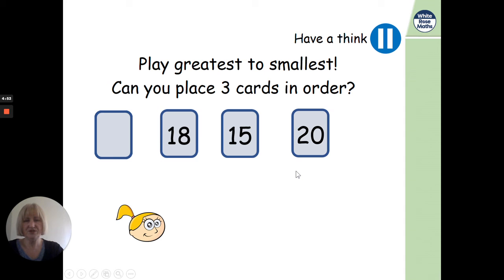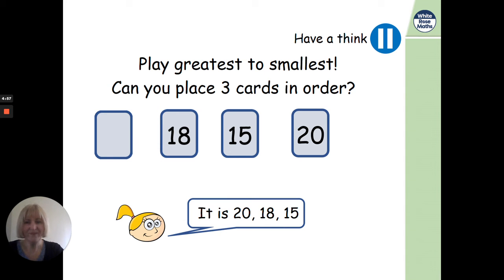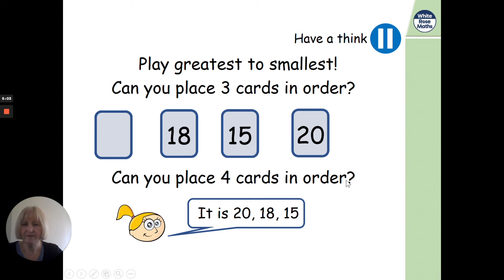Ooh, which number is the biggest? It's number 20, isn't it? Yes, and she says it is 20 and then 18 and then 15. But what if she had another card? If she had another card, could you place them in order from greatest to smallest? Have a go with your grown-up.